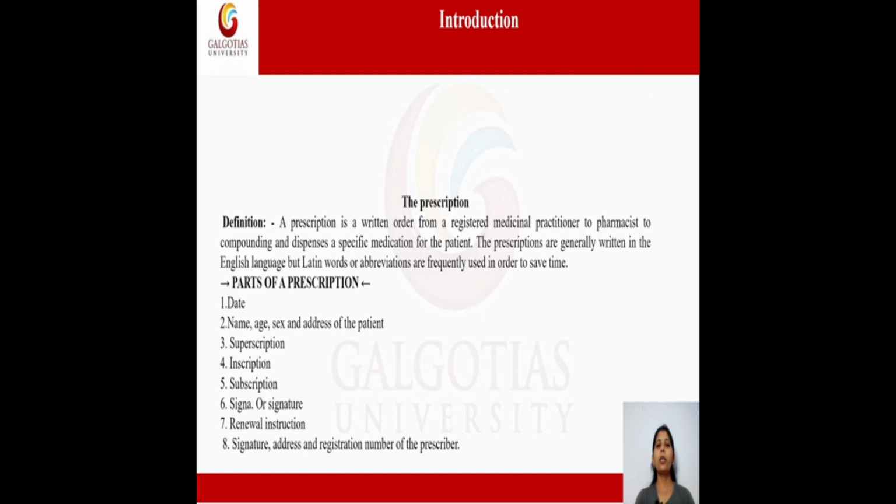So it is a written order given by a registered medical practitioner to a pharmacist so that the pharmacist can compound and dispense the specific medication mentioned on the prescription for the patient. Compounding and dispensing both include calculation of the medication, describing the mode of administration to the patient, and the timing of administration of the medicine.